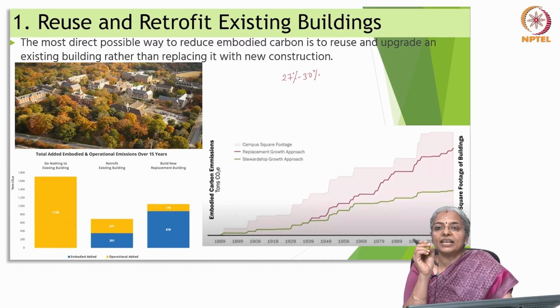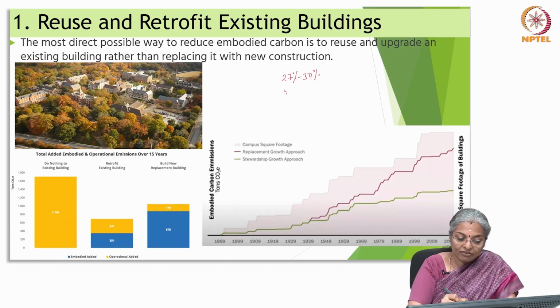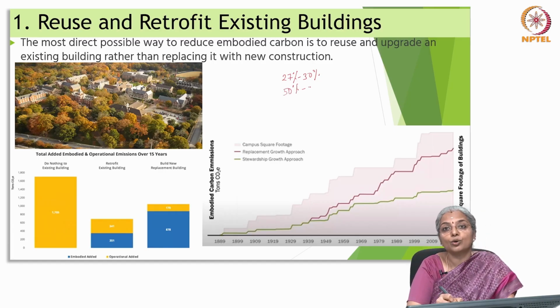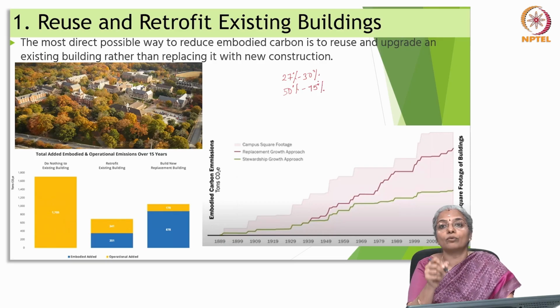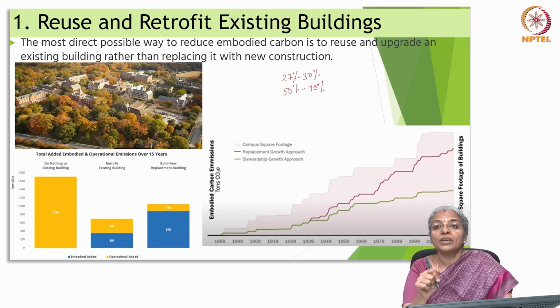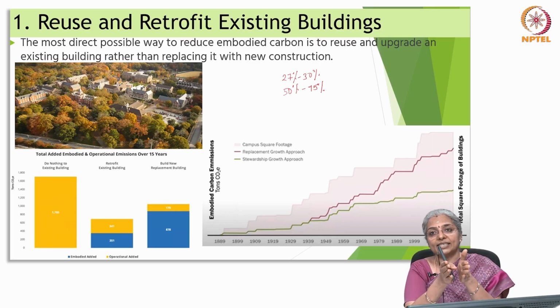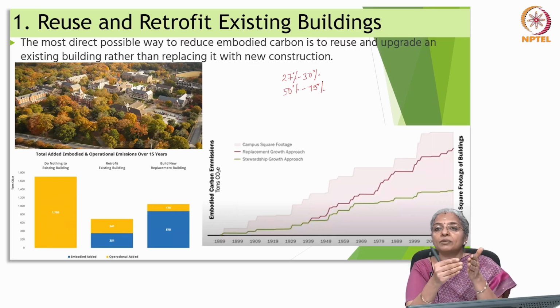So, it is estimated that if we can reuse and retrofit existing buildings, we can save anywhere between 50% to 75% of the embodied carbon that would be emitted by constructing similar new buildings, especially since constructing new buildings will be very carbon intensive, because we will start looking at new structure, new envelope.